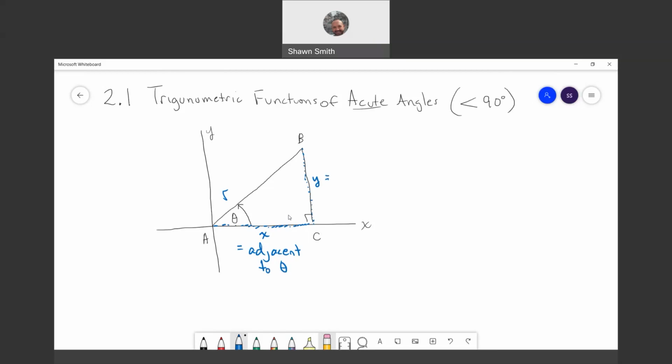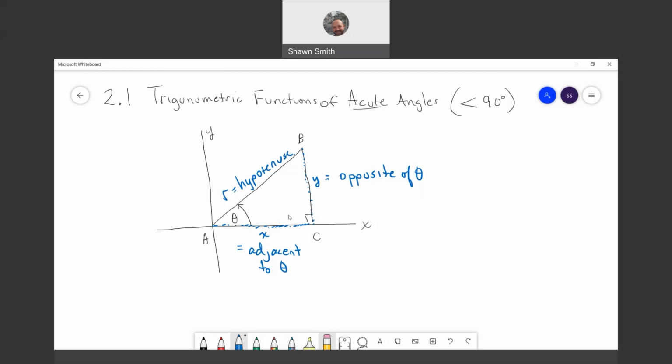When I look at side y in reference to theta, y is opposite of theta. And r is the distance from the origin to a point, say B, but now we can just say this is the hypotenuse.